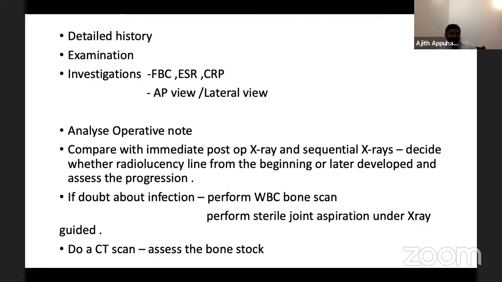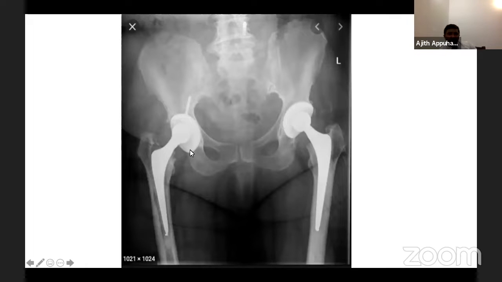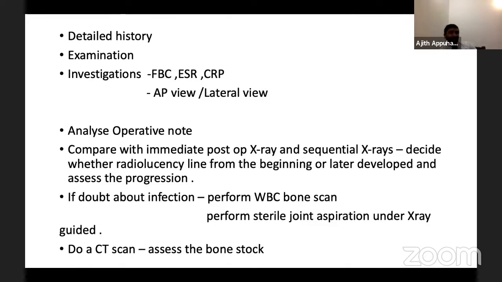And if there is significant loosening, especially acetabular loosening, and you want to see the bone stock around it with this much radiolucency, you can organize a bone scan to see the bone stock. Like that, you can talk about the general principles before operating.